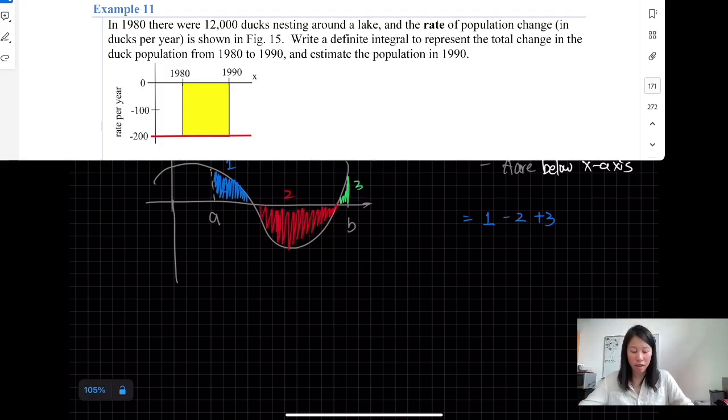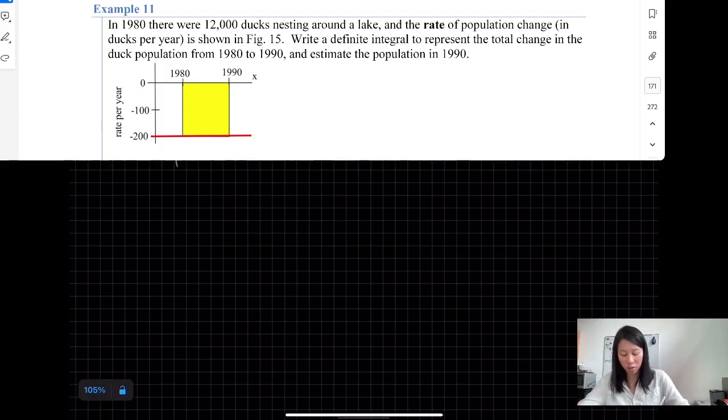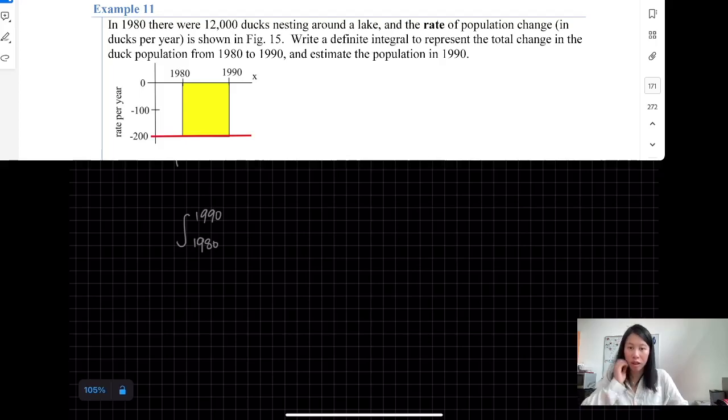Alright, so now let's take a look. The integral is going to be from 1918 to 1990. And then what will be the change? Well, it has a changing rate of negative 200. This should equal the area of the yellow region, which is negative 200 times 10, which is negative 2,000.